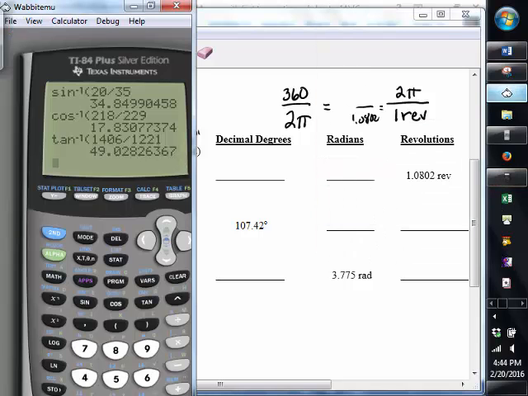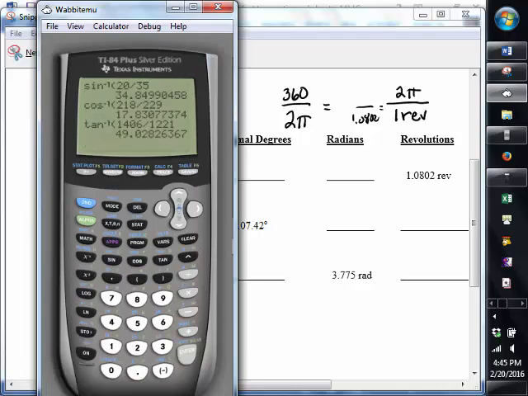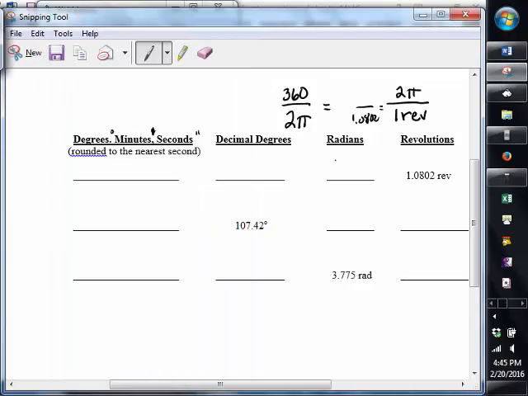So on our calculator, we would take 1.0802 times 2 pi, and then divide by 1, which would be just the same thing, 6.787 radians.